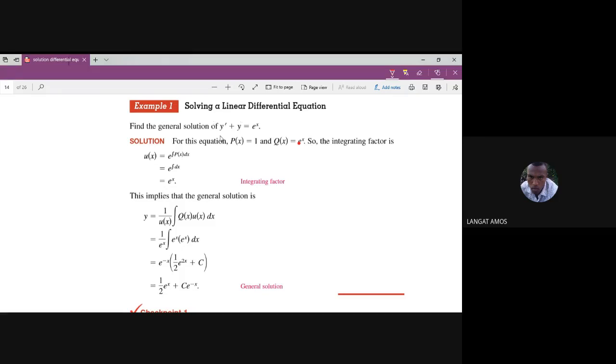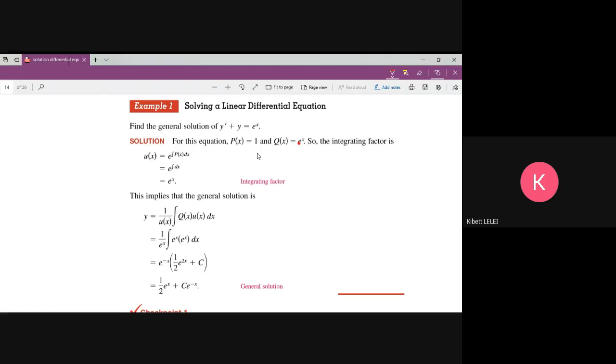For the general solution of the first order differential equation, we were told that y prime x plus bx y equals qx. So this is qx and this is bx.